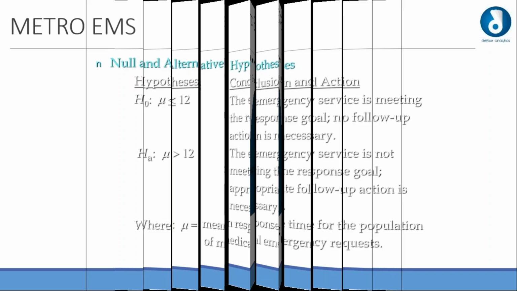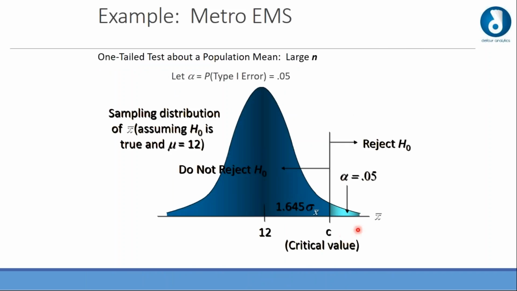The alternate hypothesis is the opposite, that they are not meeting the goal, and their ambulances are taking more than 12 minutes. With this figure we have plotted all the samples in the form of a normal distribution. 12 is our mean, and we need to find out whether they are meeting the goal or not.